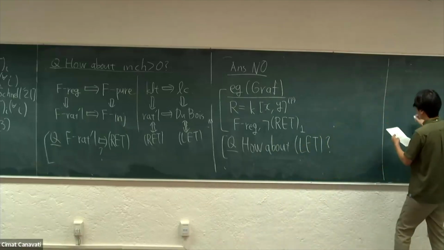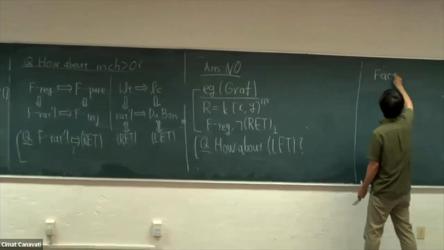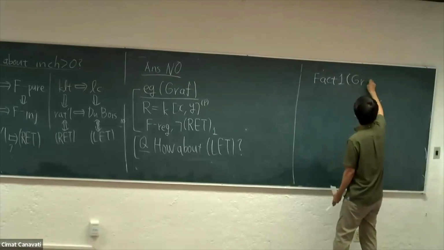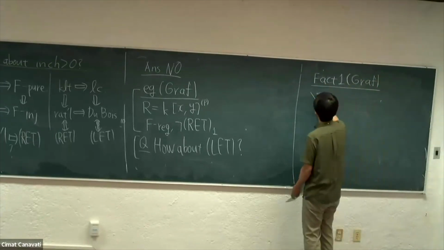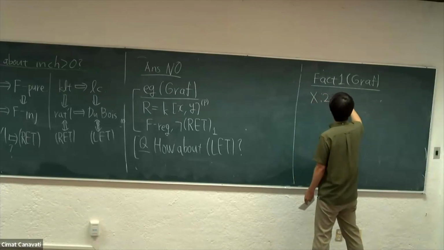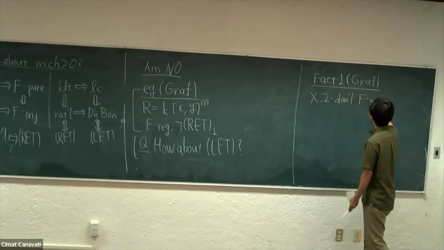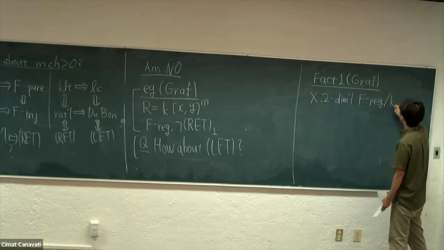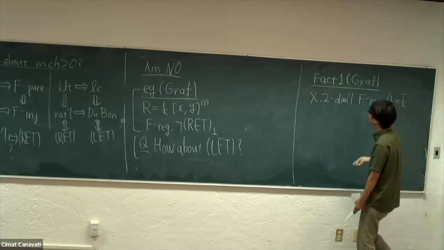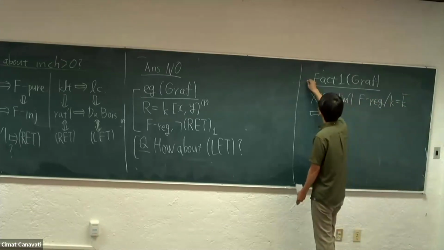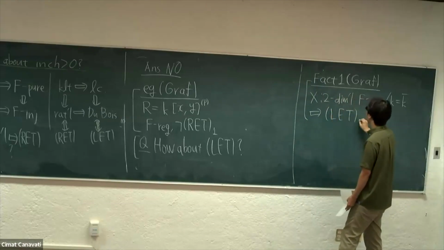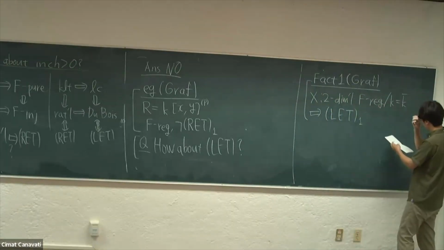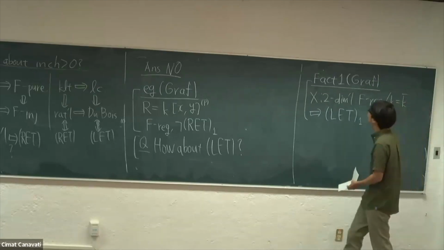For example, the first one, given by Graf, says that if X is a two-dimensional regular variety over an algebraically closed field, then it satisfies the logarithmic extension theorem for one-forms.